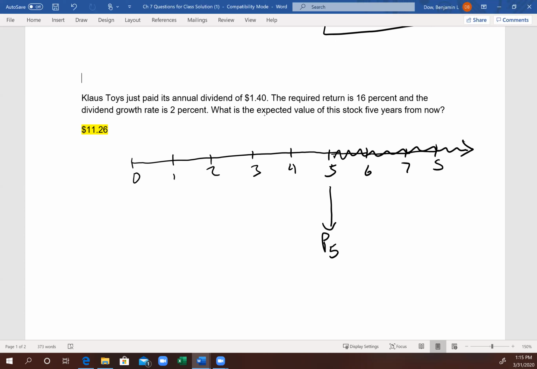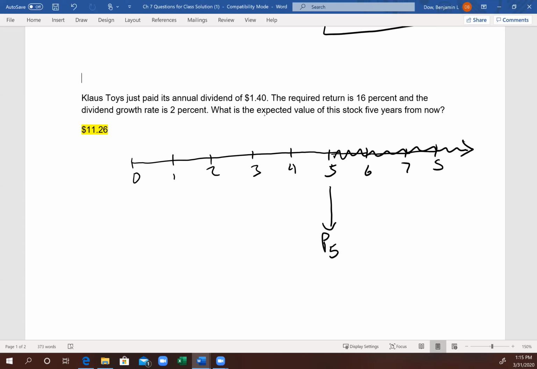This is 1 year, 2 years, 3 years, 4 years. But you're looking at the price at the end of 5 years, which would be the same as the price at the beginning of year 6. Since you have a constant growing perpetuity, P5 would just be equal to D6 divided by R minus G.